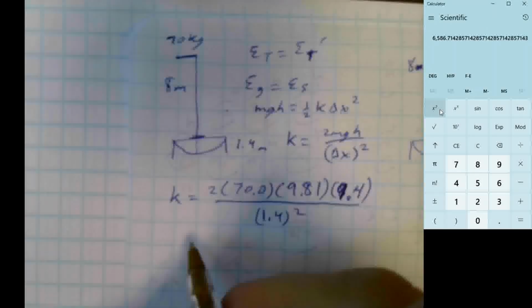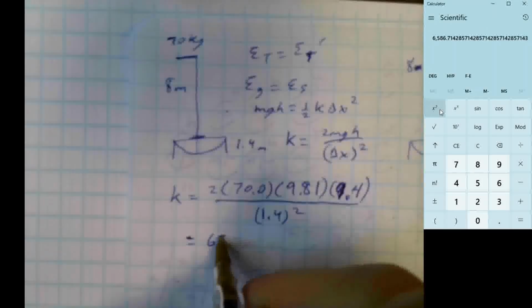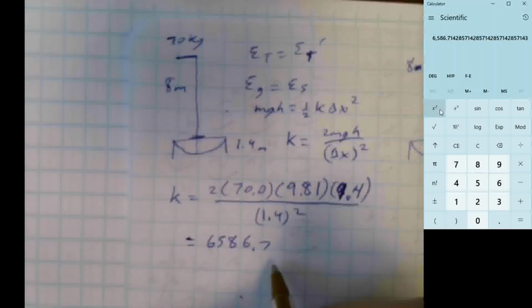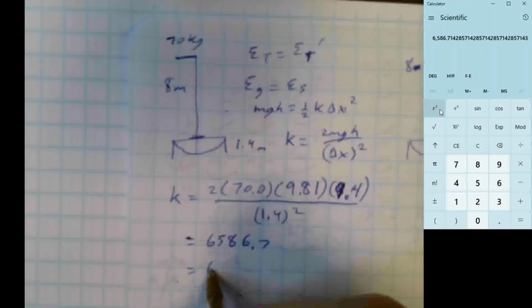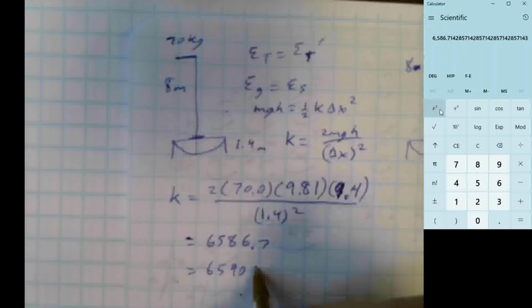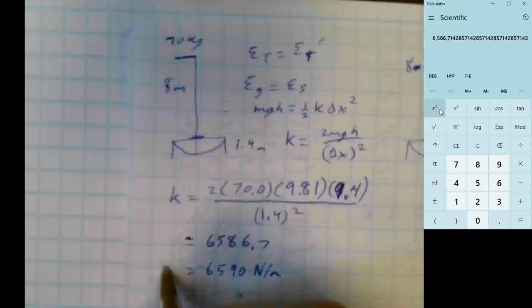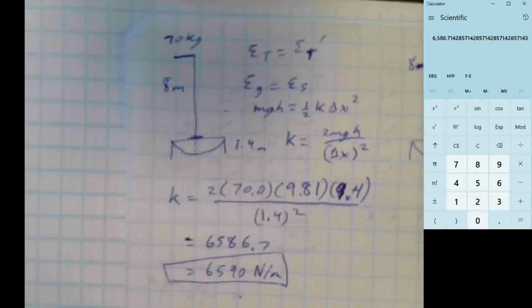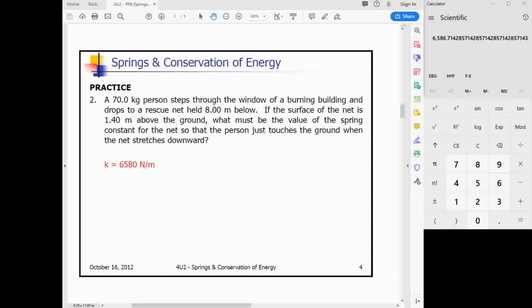I get k equals 6.7, which I'm rounding to 6590 newtons per meter. I know the slideshow has a different answer there. They're off by 10. That's because they didn't use the 9.81.